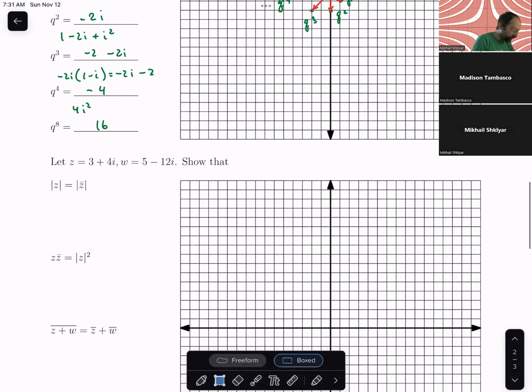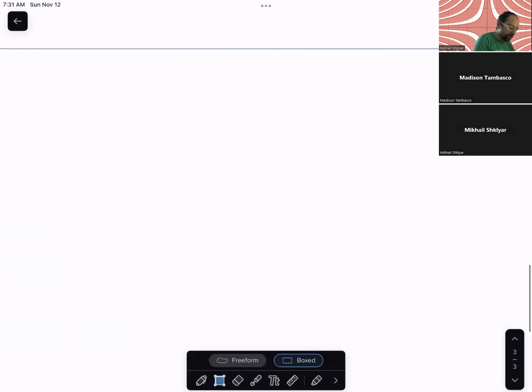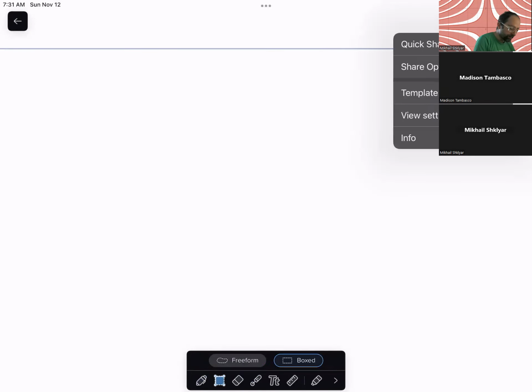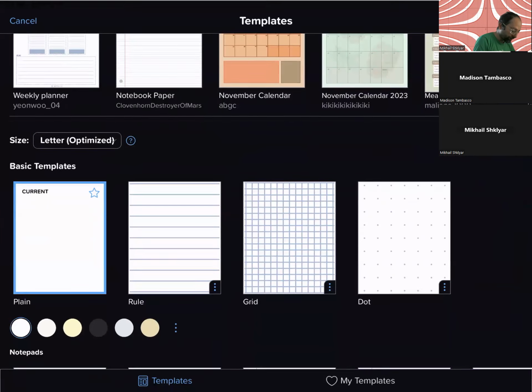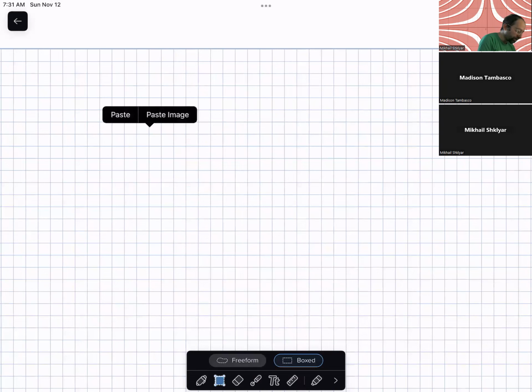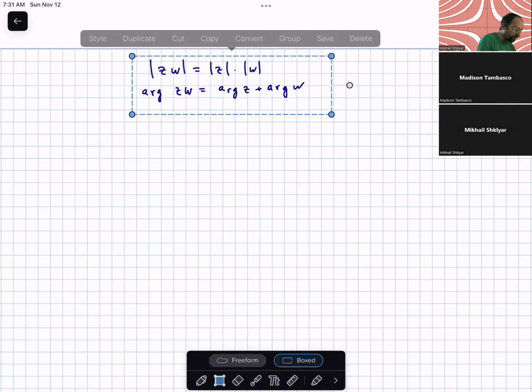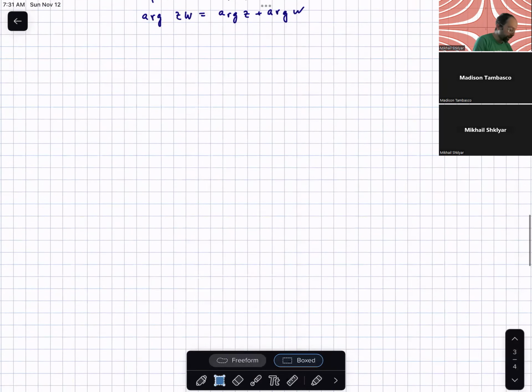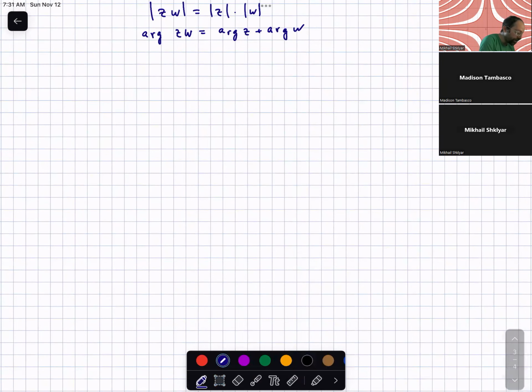So let's say we have two complex numbers, z and w. Start with complex number z.